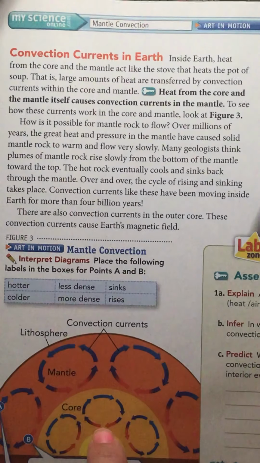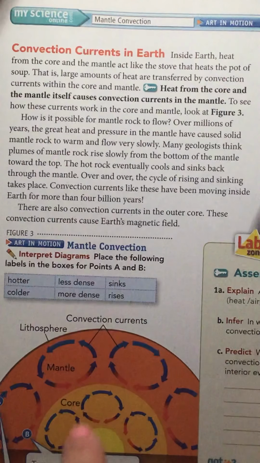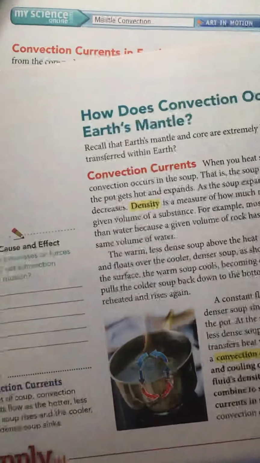Remember, more dense, colder, less dense, heat. And it's going to have you fill them in on here. That was on page 20. So if you have your workbook and you want to fill these in, please use page 20. Right here.